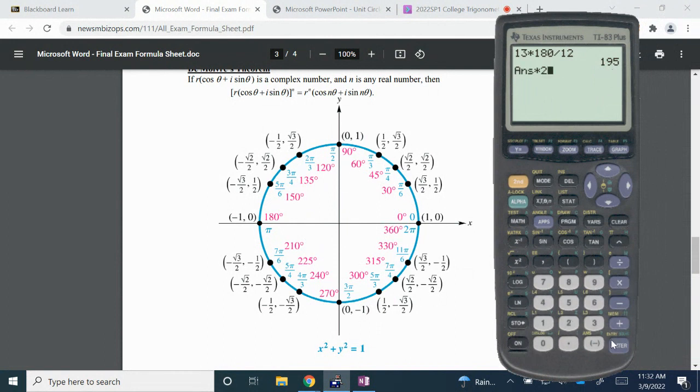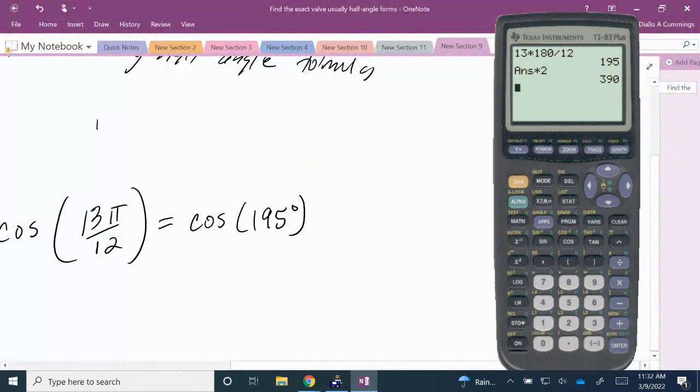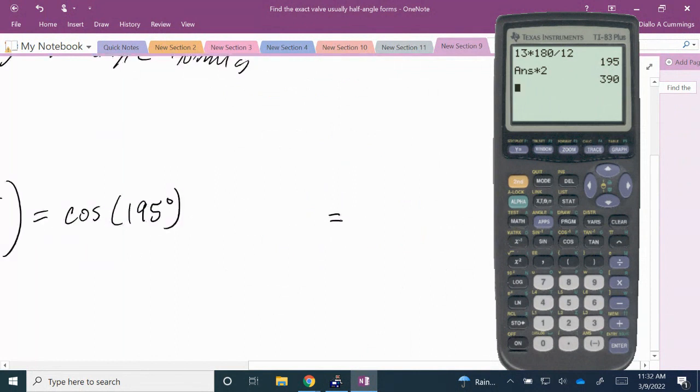I'm going to multiply it times 2, and I get 390 degrees. All right, so I'm going to write this as the cosine of 390 degrees divided by 2.